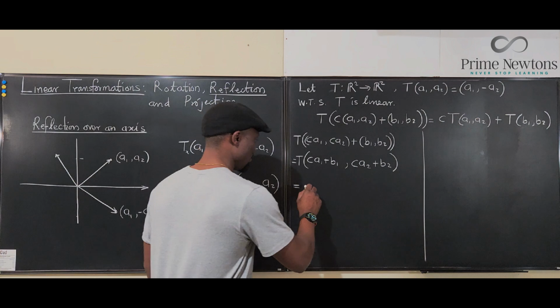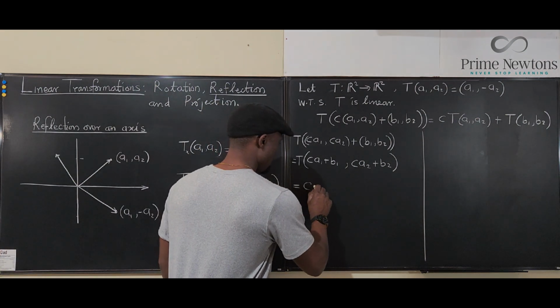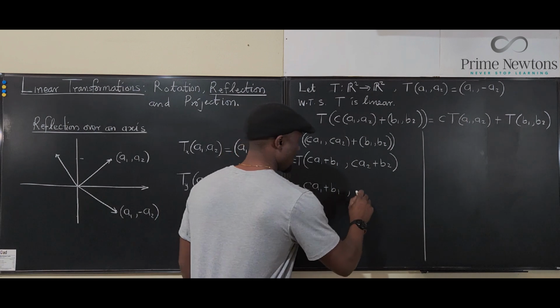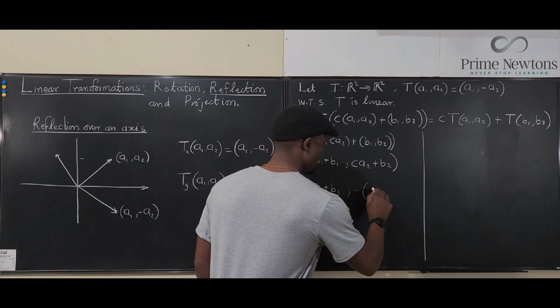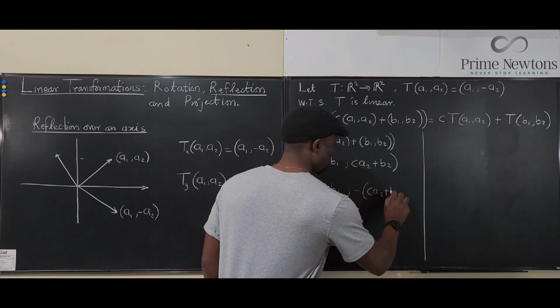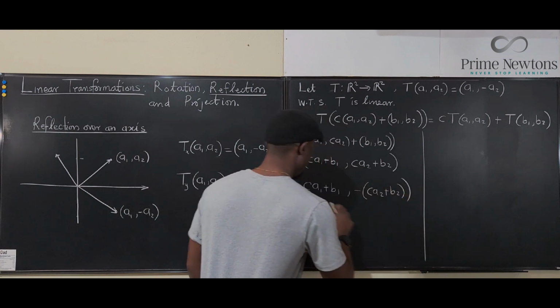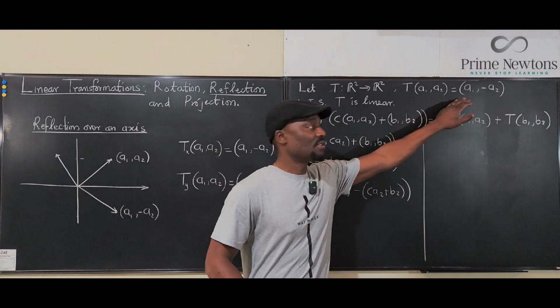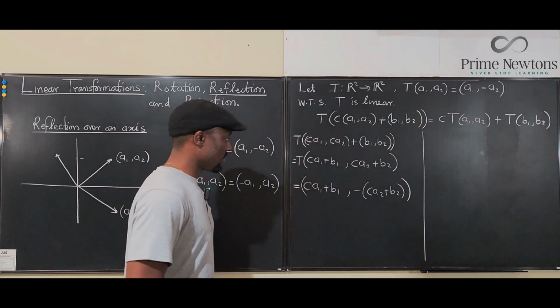So we're going to have this to be (CA1 plus B1, comma, negative (CA2 plus B2)). That is what we expect to see when we have this definition of transformation.